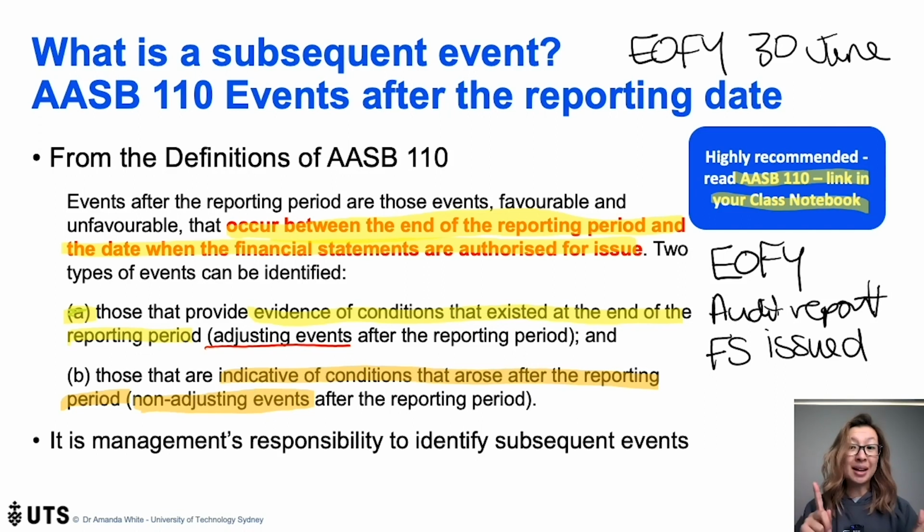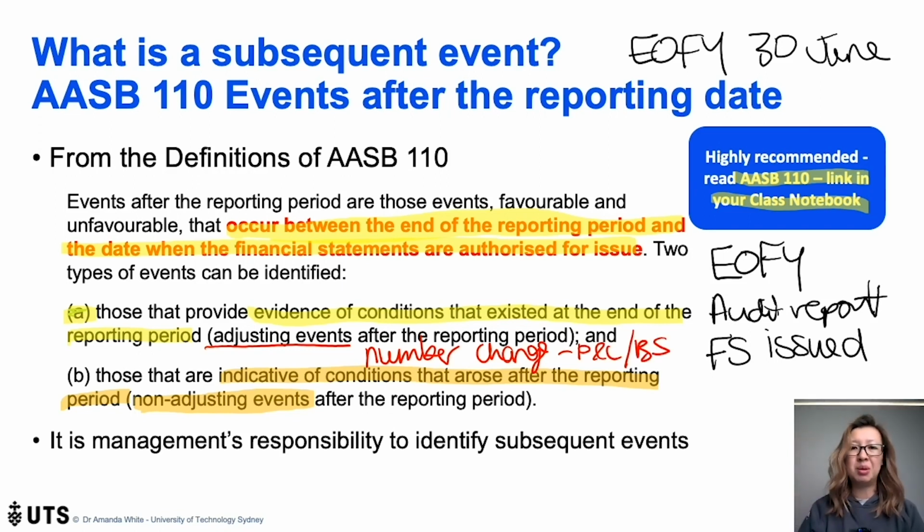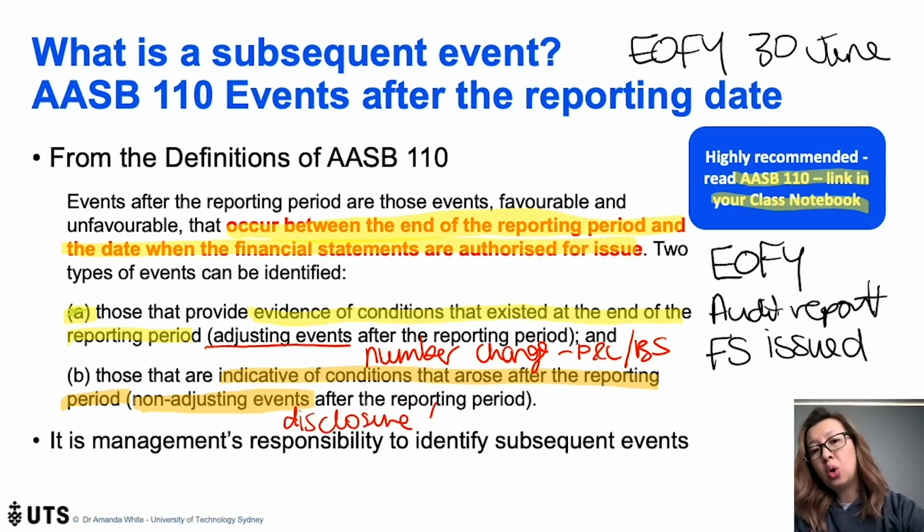Adjusting events are things that are going to result in a number change, on the profit and loss or on the balance sheet, where an adjustment is made. For the non-adjusting events, we might need to make a disclosure, or we might need to do nothing.